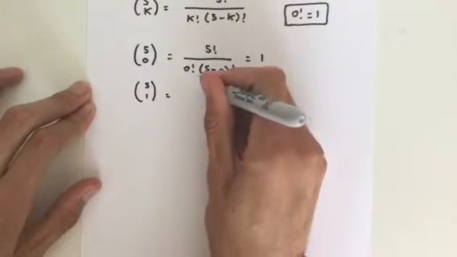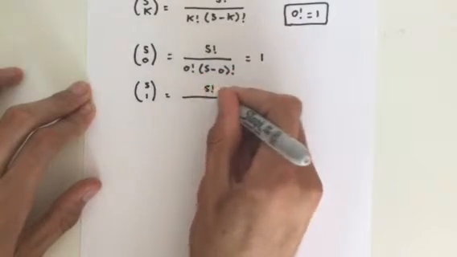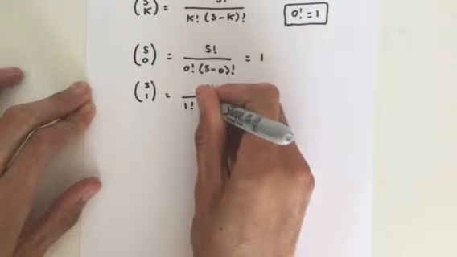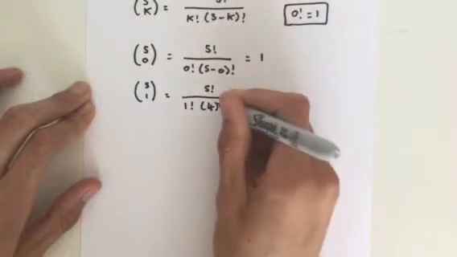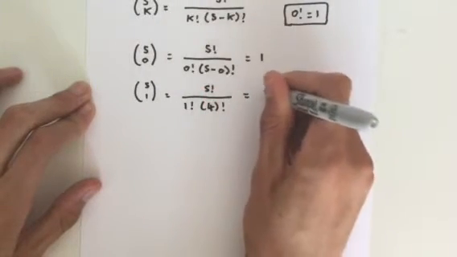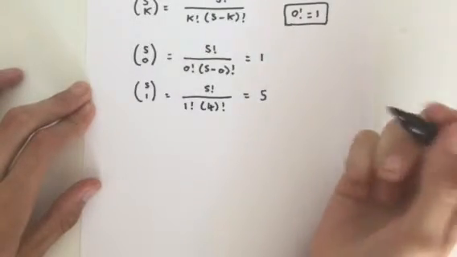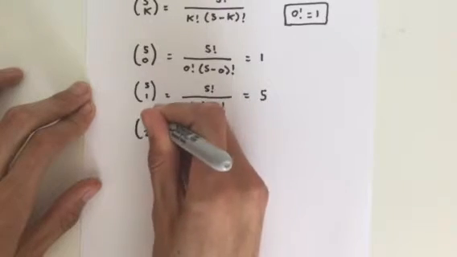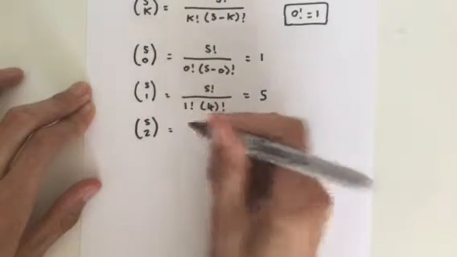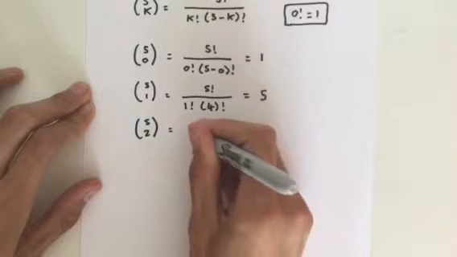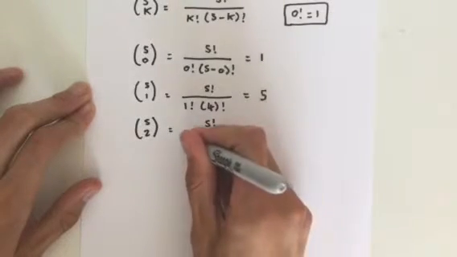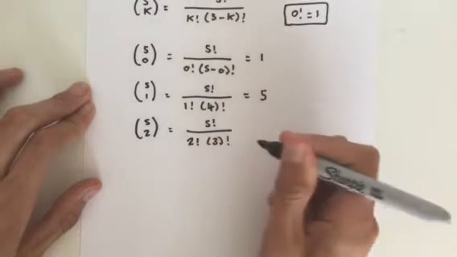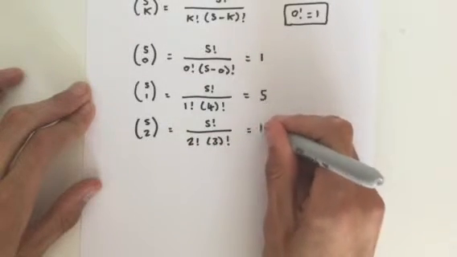This is going to equal 5 factorial divided by 1 factorial times 4 factorial, and this is equal to 5. Next we do 5 choose 2. This is going to equal 5 factorial divided by 2 factorial times 3 factorial, and this is equal to 10.